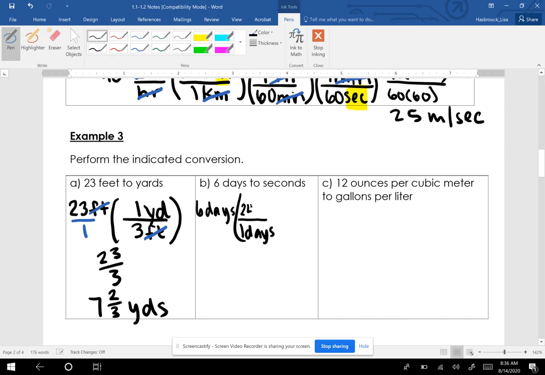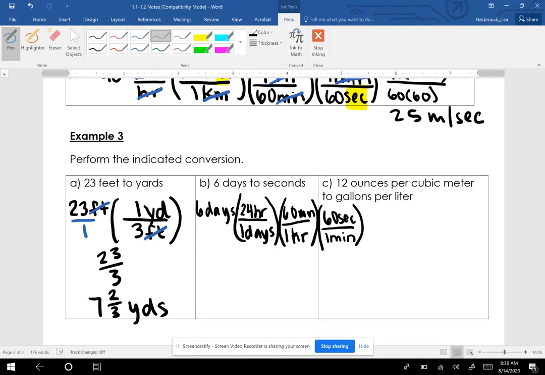And there's 24 hours in 1 day. Now to get rid of hours, 1 hour is 60 minutes. 1 minute is 60 seconds.